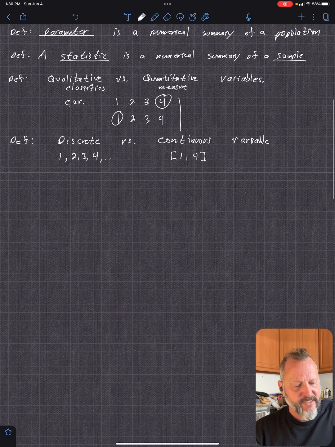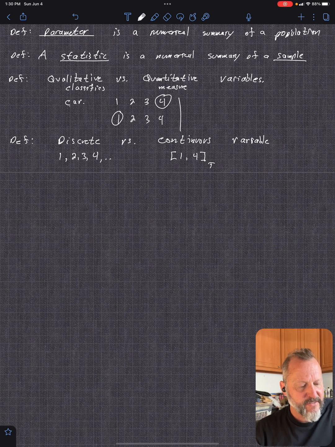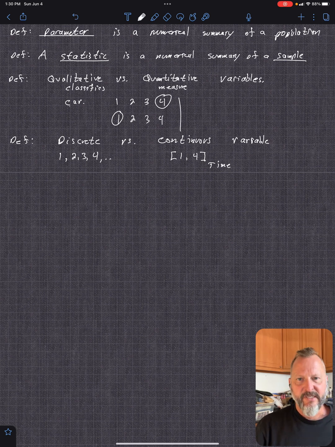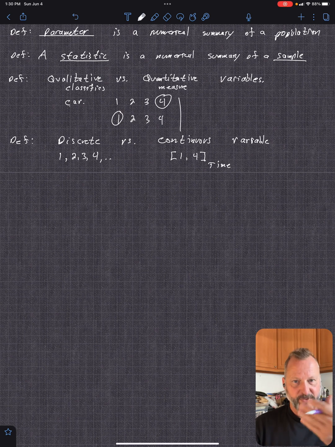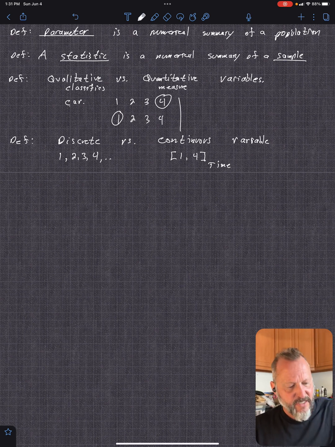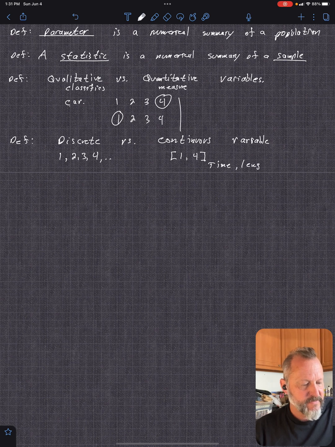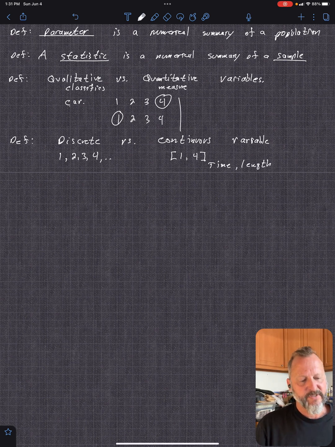Time is continuous. You can break any second down as small as you want. We end up saying 1.3 seconds, but it's a continuum idea. So time and length are continuous variables.